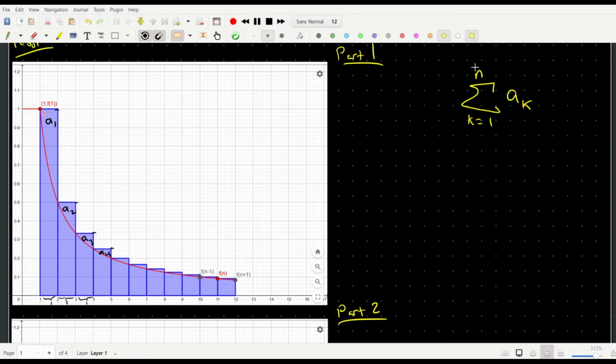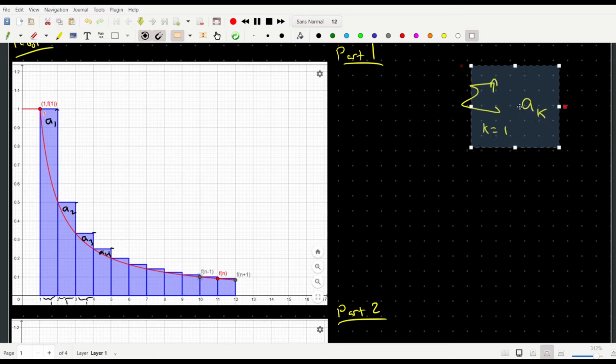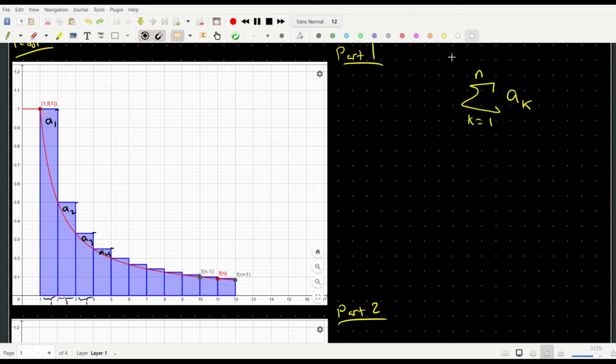This will always be greater than or equal to the integral of the function f from 1 to n plus 1.